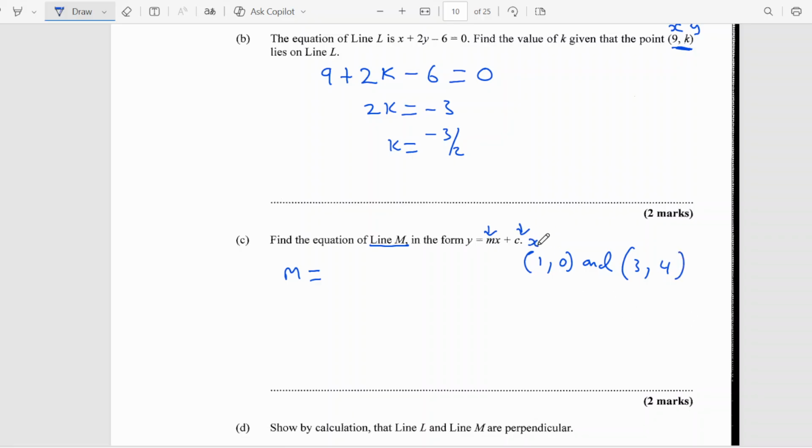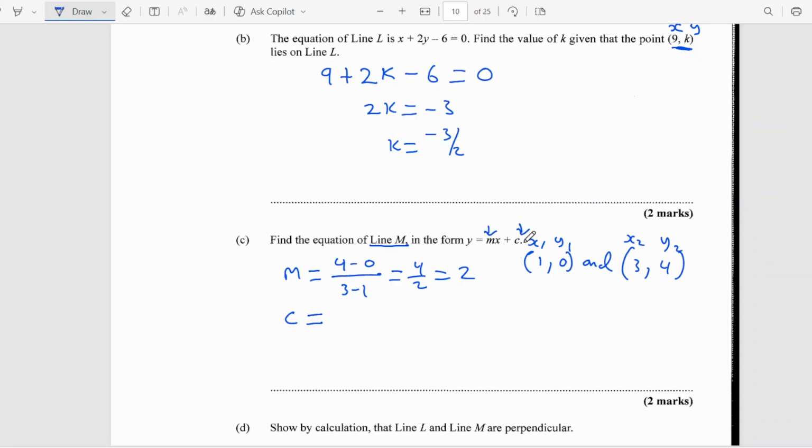Name them x1, y1, x2, y2. The gradient of line M is given by y2 take away y1, 4 take away 0, over x2 take away x1, 3 take away 1. That will be 4 over 2. 3 take away 1 is 2, so the gradient here is 2.